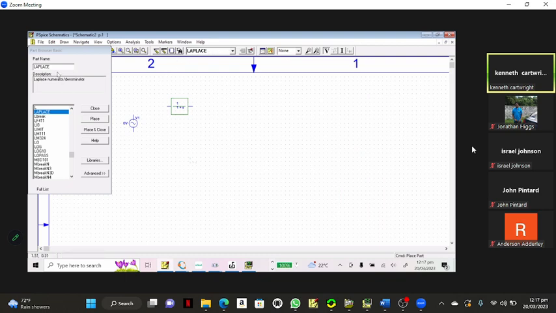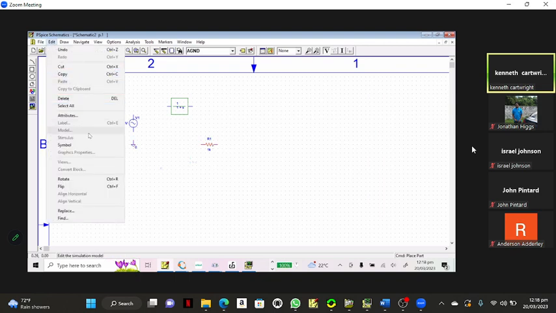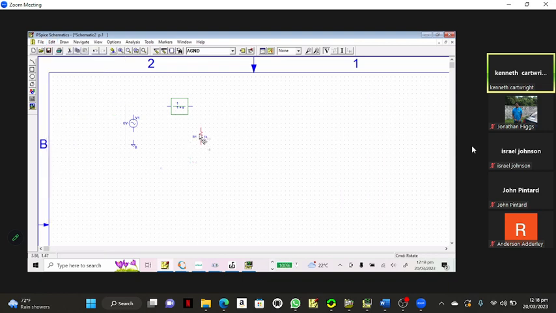And we need a resistor, and a ground. The value of this resistor is not that important. So there's our AC input.